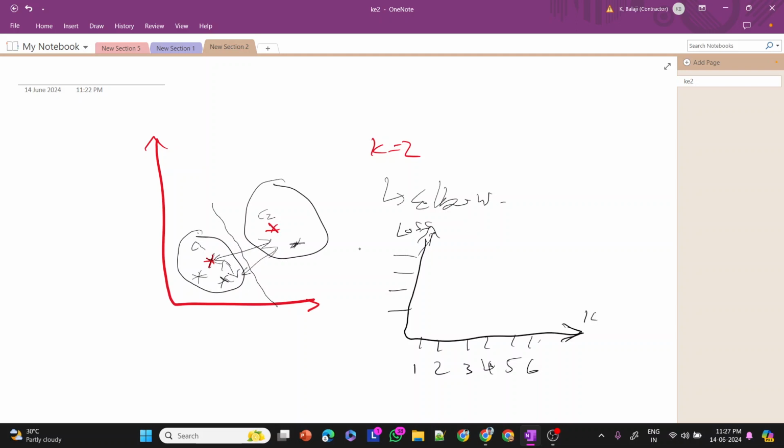It will find, whenever k is 1, what will be the loss. For 2, there is some loss like this.